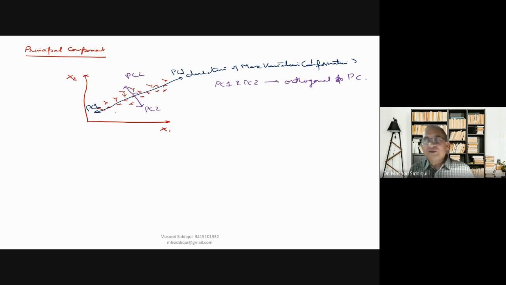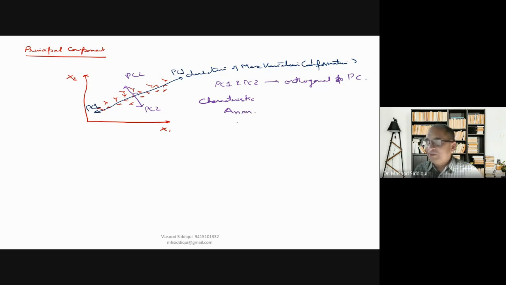Now, related to the mathematical part, how are these principal components calculated? Here we actually consider the characteristic equation. You may ignore this part also. Suppose A is an n cross n matrix, right?